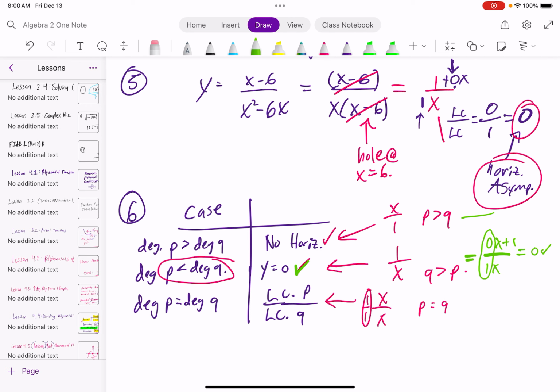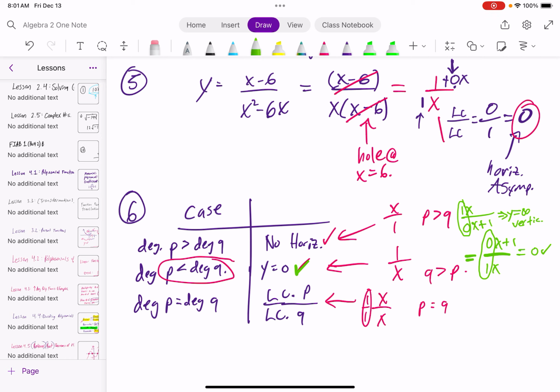Let's say we have x over 0x plus 1. Well, 1 over 0 is infinity. And as you know, you can't have infinity as an answer, right? The y would go to infinity. That is a vertical asymptote.